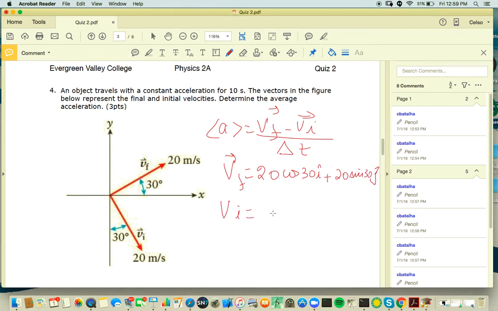And V initial is equal. Now when you project V initial in x is positive, right? Plus 20, same one, 20 cosine of the angle between the vector and the x is 60, but the projection is negative.